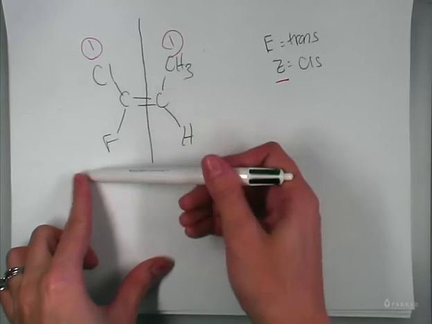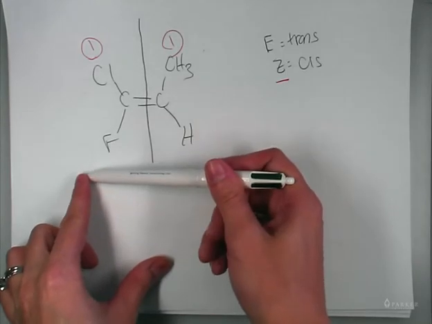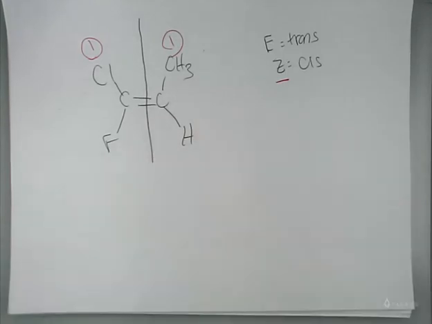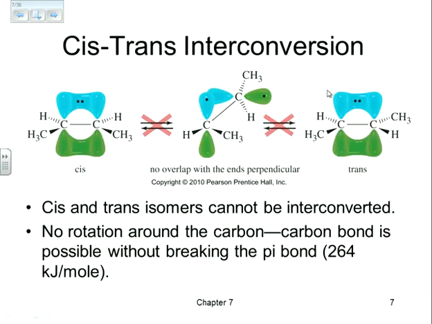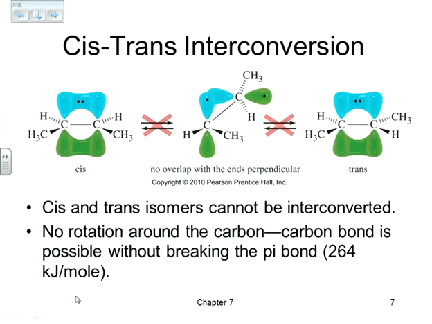Or what if I had a 1 and a 1 like that? Then it would have been an E, or trans. Okay, so then the next concept, and we'll go more into naming here in a second, would be elements of unsaturation.